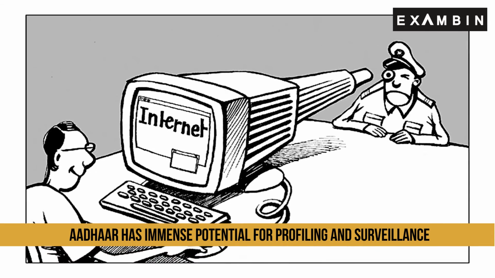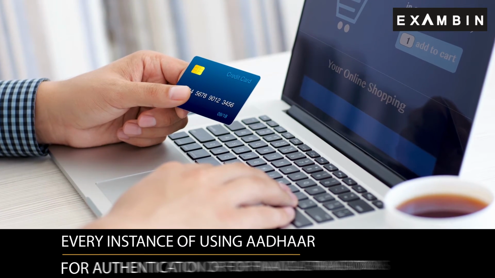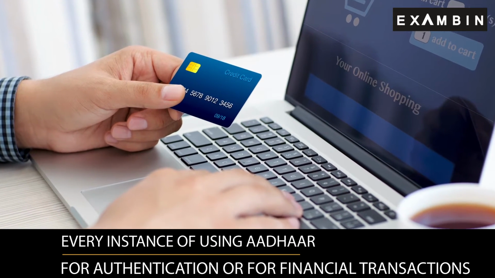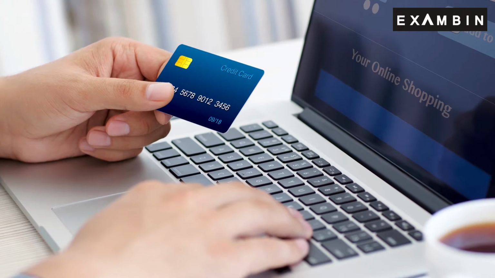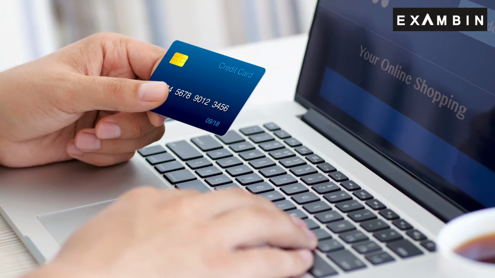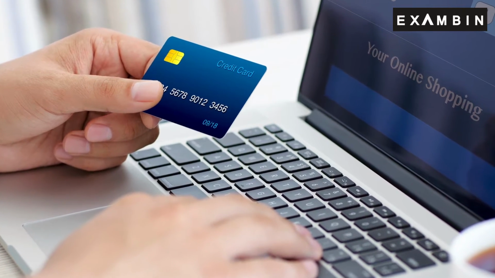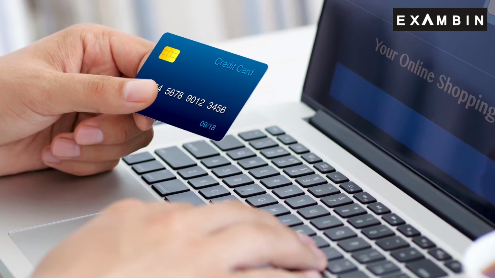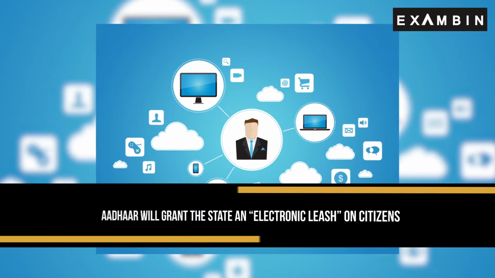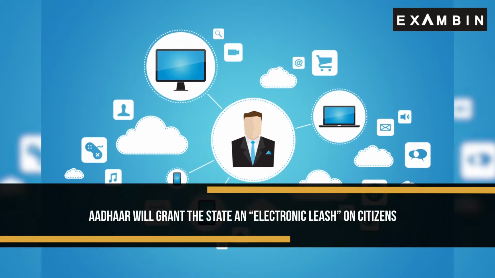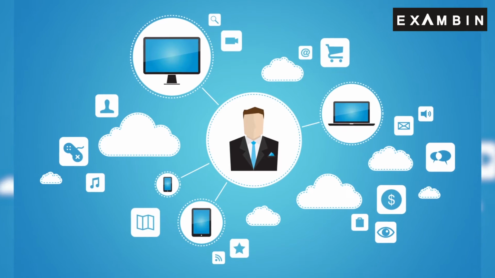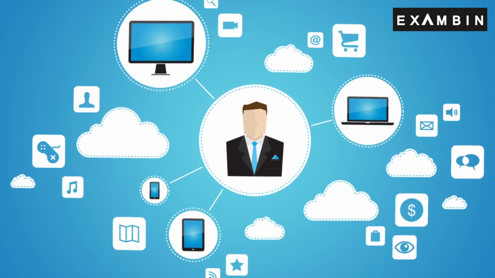The government can potentially spy on you because every instance of using Aadhar card for authentication or for financial transactions leaves behind logs in the databases of the Unique Identification Authority of India, the organization that oversees implementation of the identity card. Critics have warned that Aadhar will grant the state an electronic leash on citizens and grant the government sweeping power to access citizens' data.